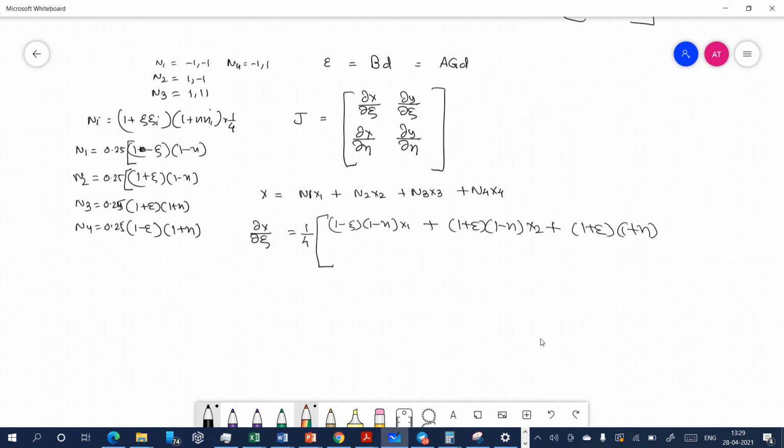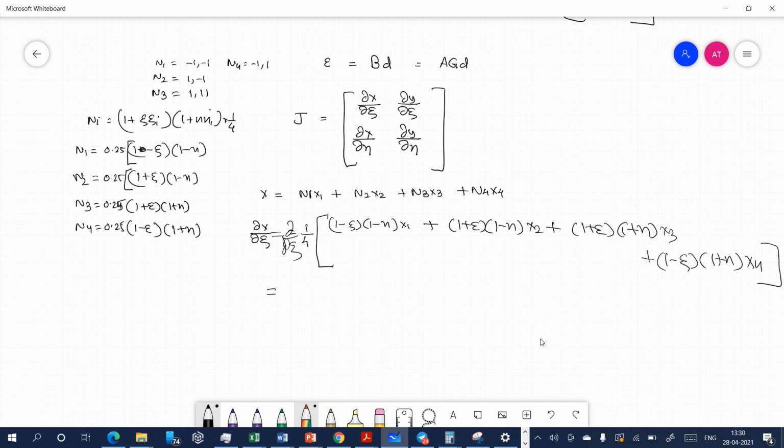So 1 plus zeta, 1 plus eta, x3 plus I have N4, which is 1 minus zeta into 1 plus eta into x4. So this is just N into x, and I have to still find out the partial derivative, so I have to write del by del zeta here.